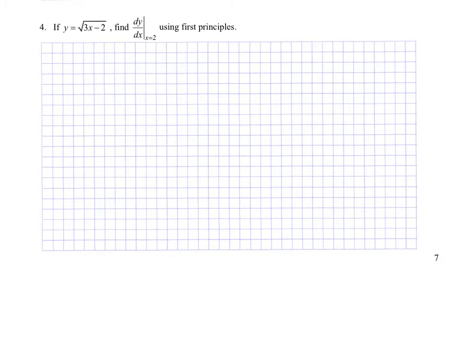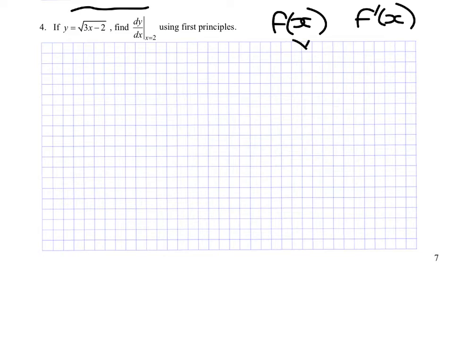So, first principles part 2. Notice here we're still finding the value of the derivative at a point, so we're still going to use that original formula. But notice that we're using different notation. Instead of f of x and f dash of x, we can use y and dy on dx. dy on dx just means the derivative of y with respect to x.